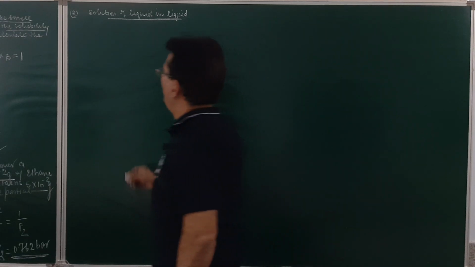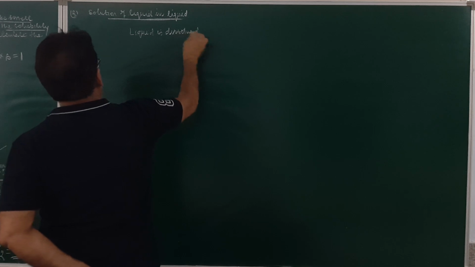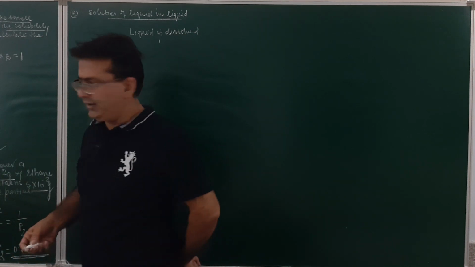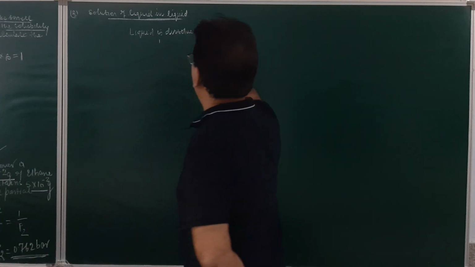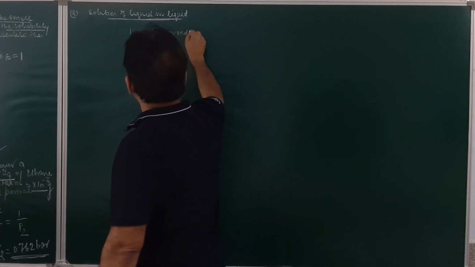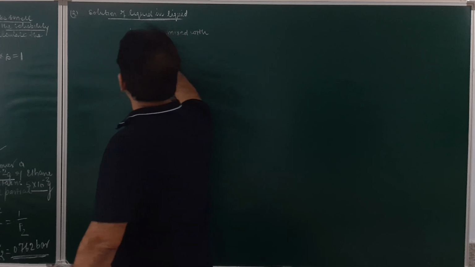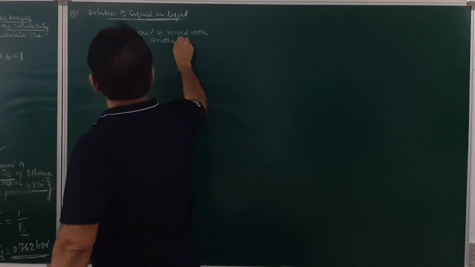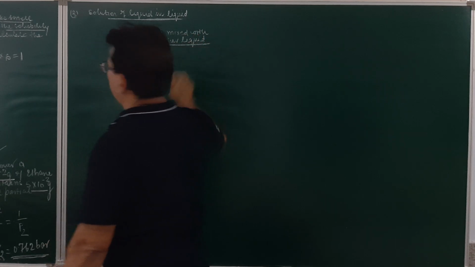Fine. So when two liquids are mixed, or we must say when liquid is dissolved in liquid, when one liquid is mixed with another liquid, what do we get? When liquid is mixed with another liquid, there are three possibilities.